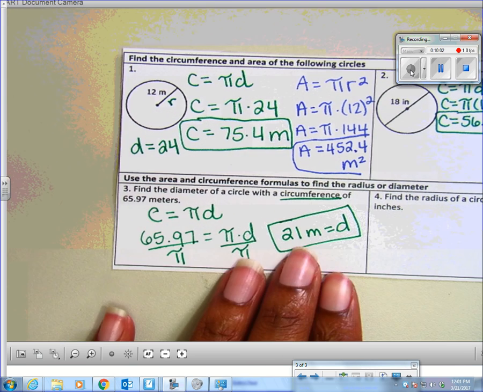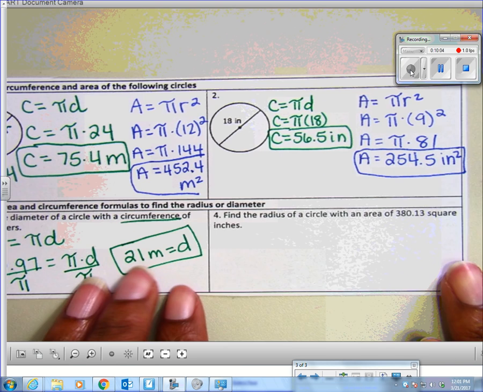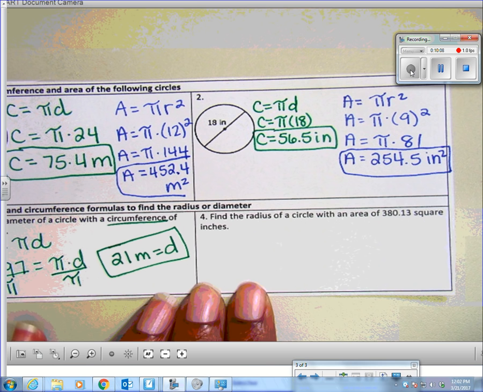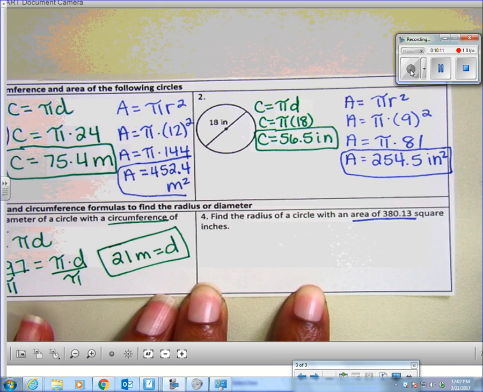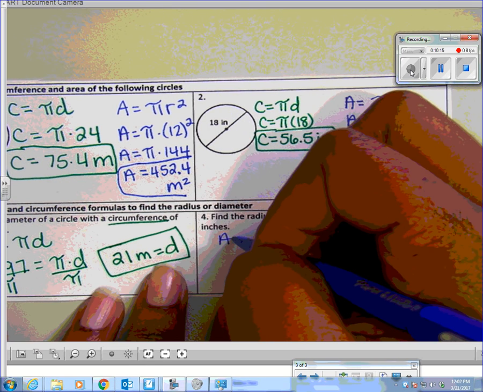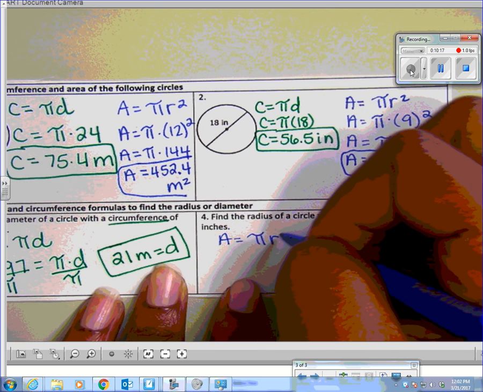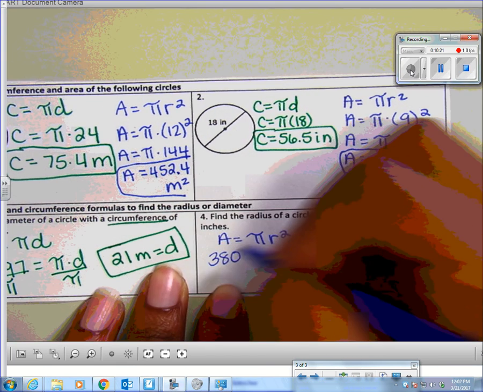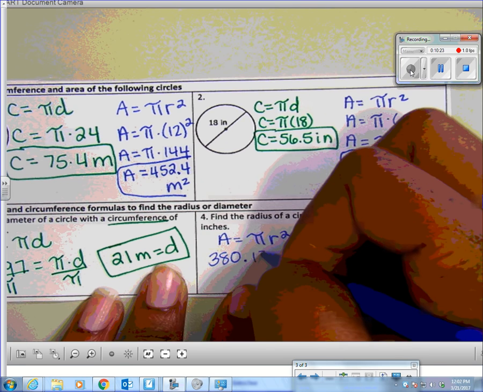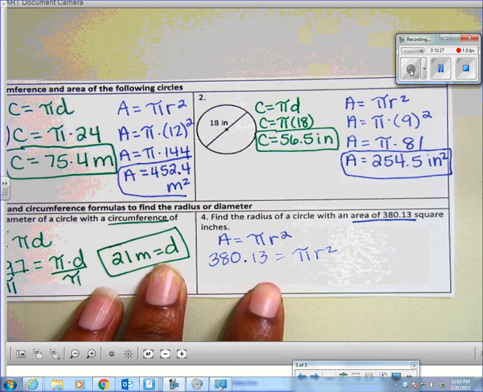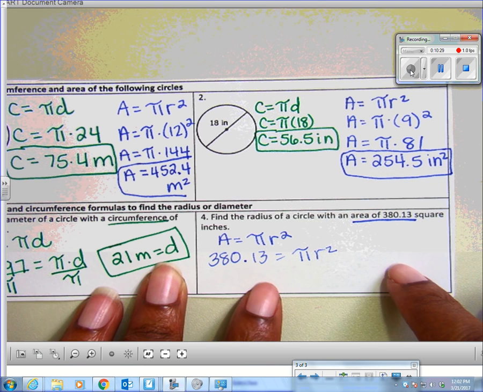In number 4, we want to find the radius of a circle with an area of 380.13 square inches. So because they gave us the area, we're going to use an area formula. So we get area equals pi r squared. So we know the area is 380.13, and we have pi r squared. Now the r squared, they have to stay together for now.